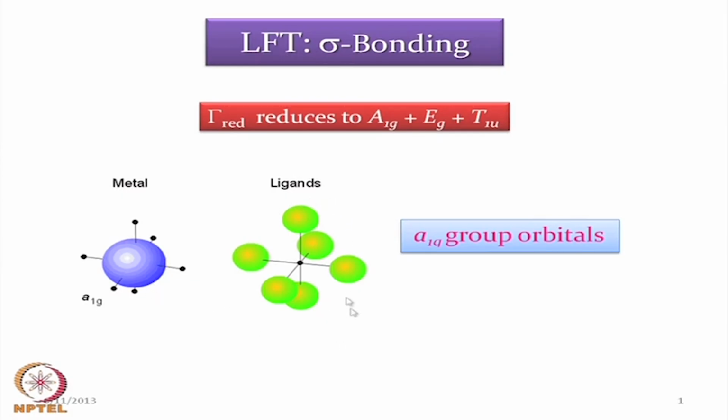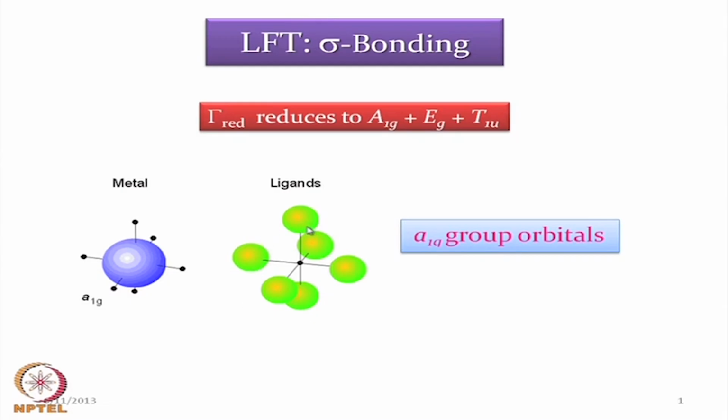From the ligand side, if we use 6 ligand orbitals available for sigma bonding, the symmetry level available for overlap with the A1g symmetry of the metal orbital means the A1g group orbitals will look like this.